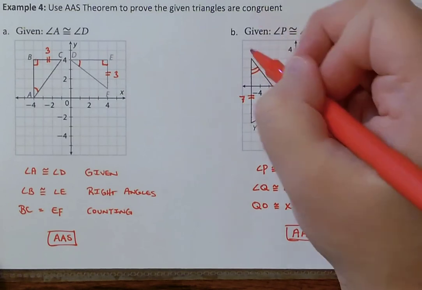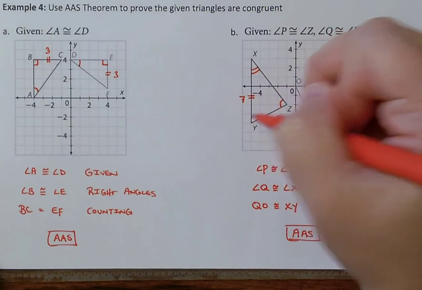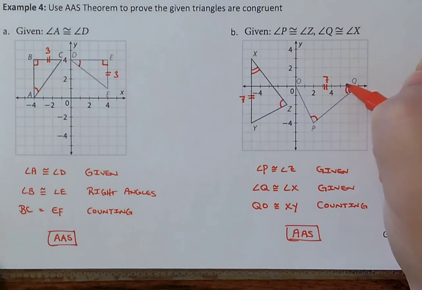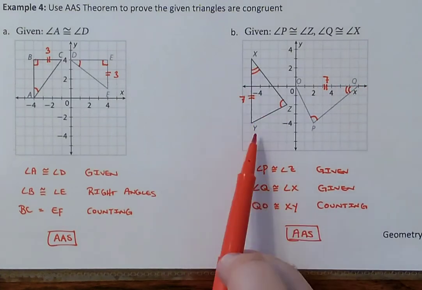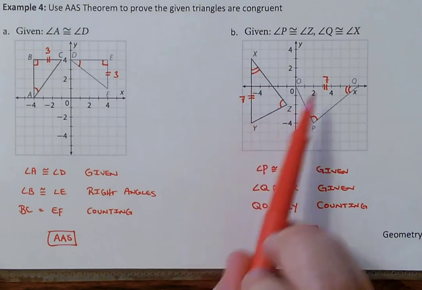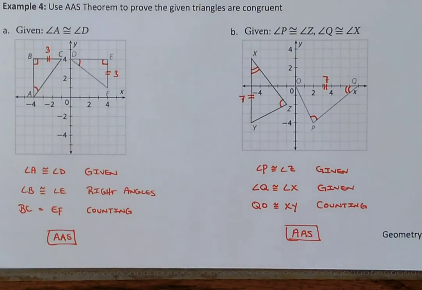So my vertical side would be 1, 2, 3, 4, 5, 6, 7. And over here it's 1, 2, 3, 4, 5, 6, 7. So because these both, using counting, have a length of 7 units, they are equal to each other. Thus, using angle, angle, side, I can say that those two triangles are congruent.